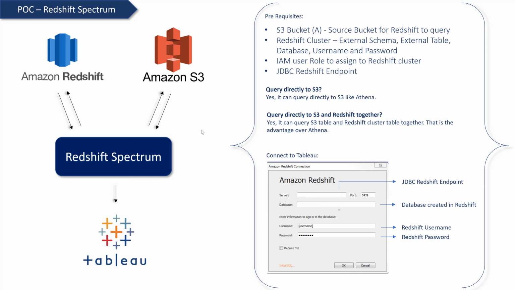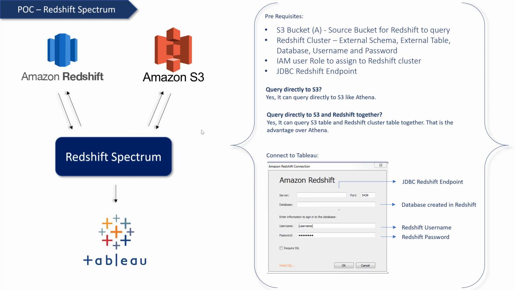So this is the advantage over Athena, whereas Athena points directly to the S3 bucket, and Redshift Spectrum points to Redshift as well as Amazon S3, even separately, and you can even join them together, the Redshift table and the Amazon S3 table. So that is the biggest advantage of Redshift Spectrum.